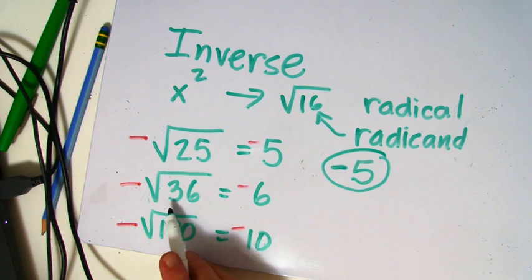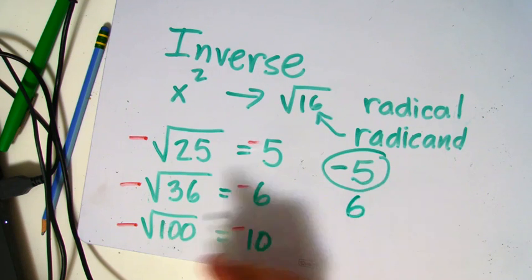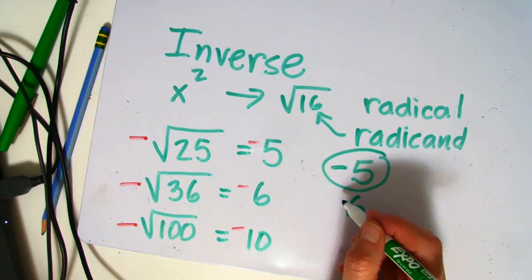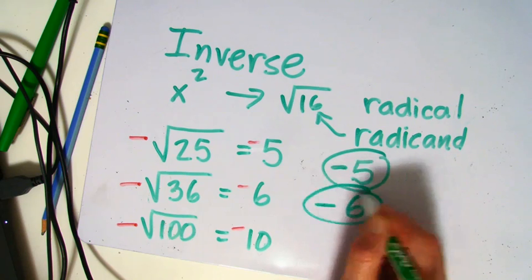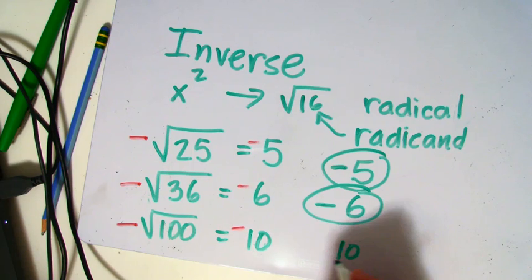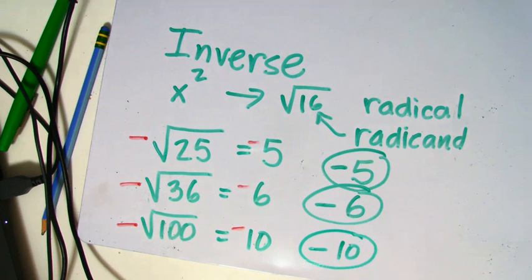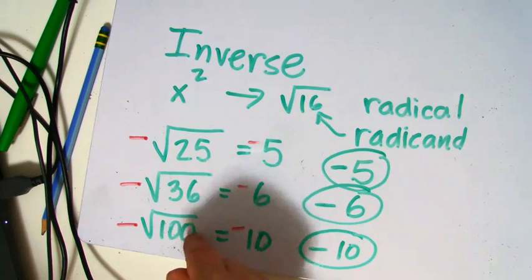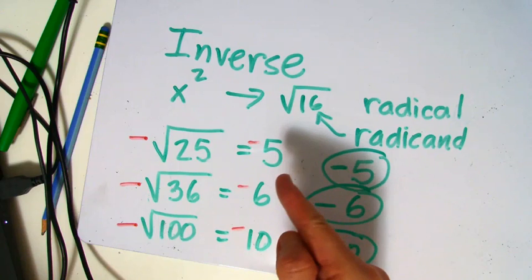So the square root of 36 is 6, but then we have that negative on the outside, and we get negative 6. 10, and then negative 10.